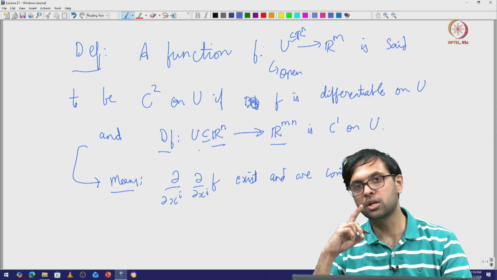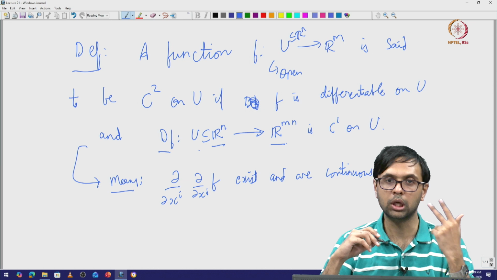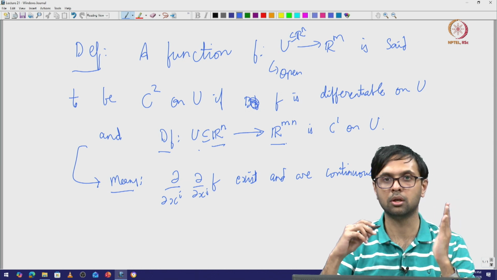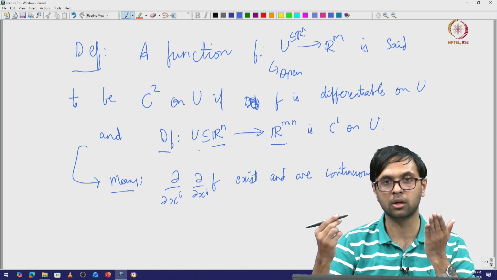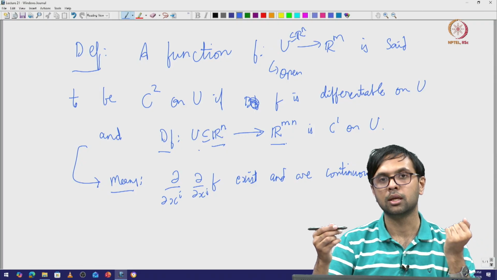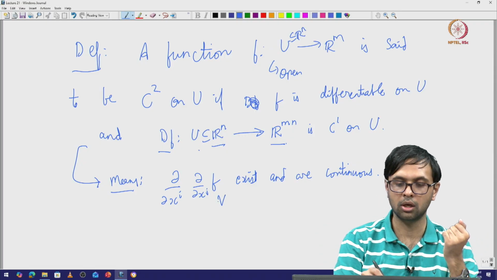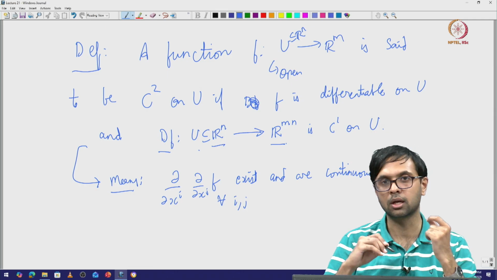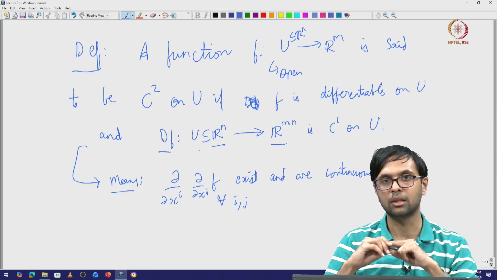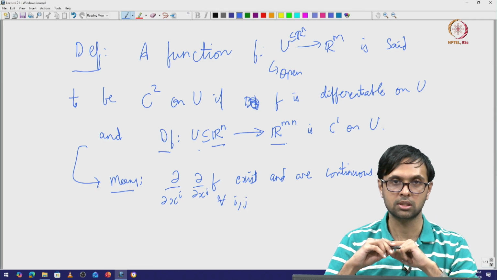So all the partial derivatives of order 2, where you take two partial derivatives in possibly different variables, exist for all i and j, and each one of them is a continuous function. That's what C2 means.